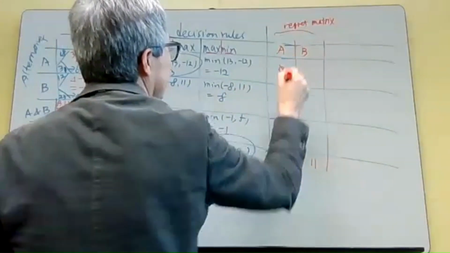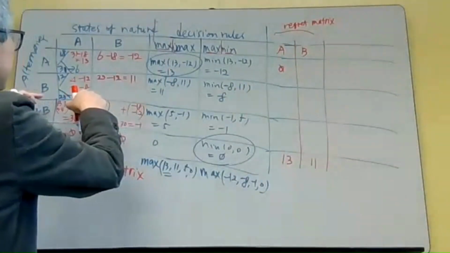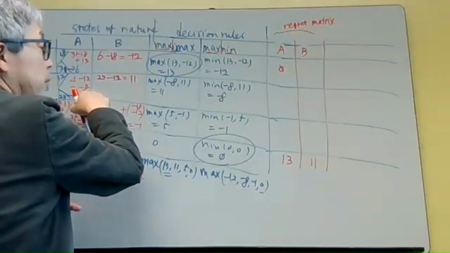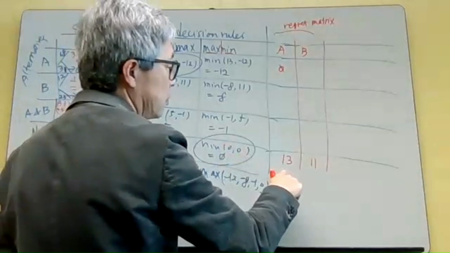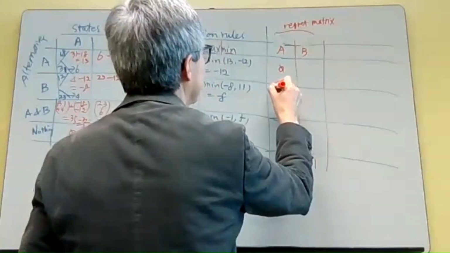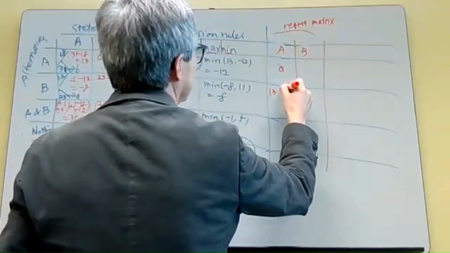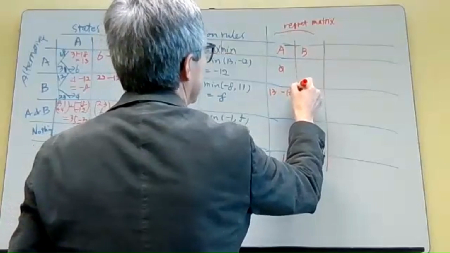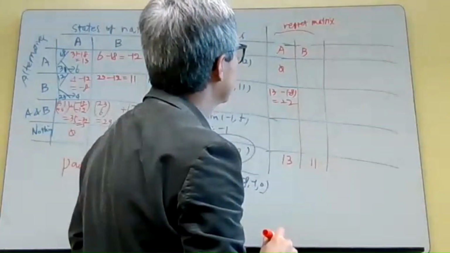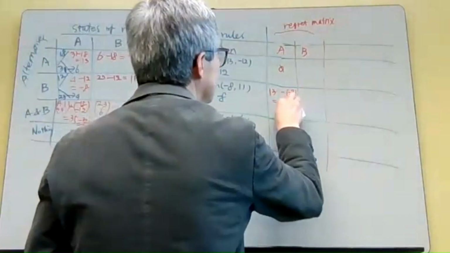So you have 0. But if you choose parcel B, you're losing $8 million while the maximum payoff is 13, right? So your regret will be 13 minus minus 8, so 21.